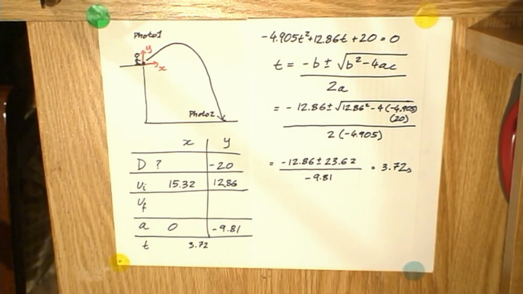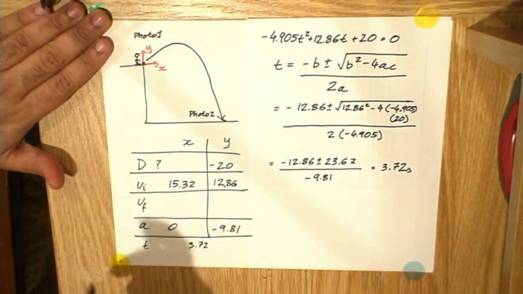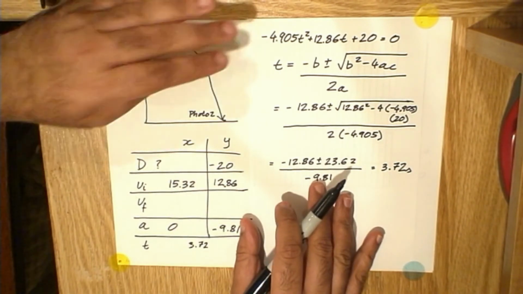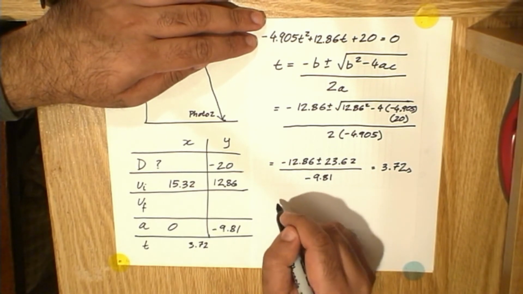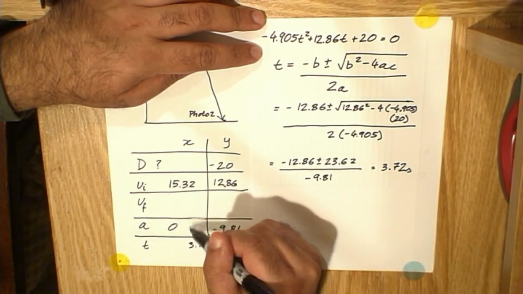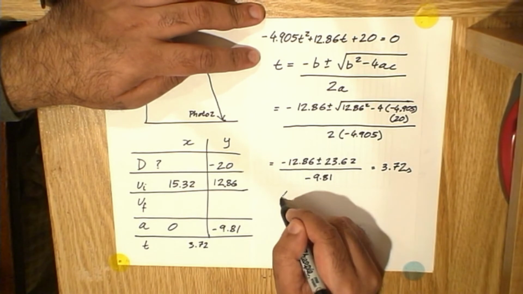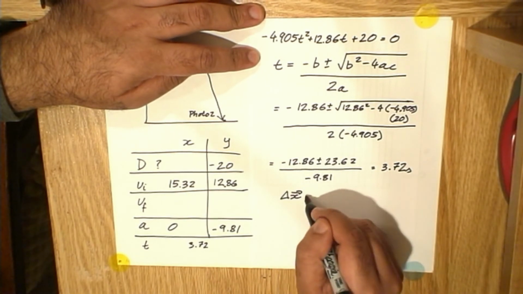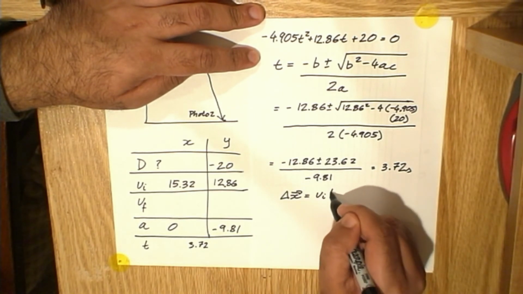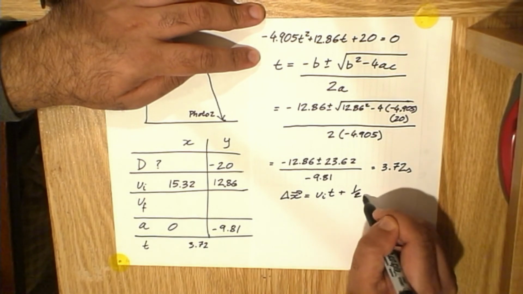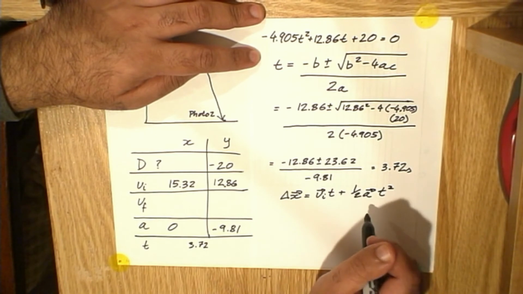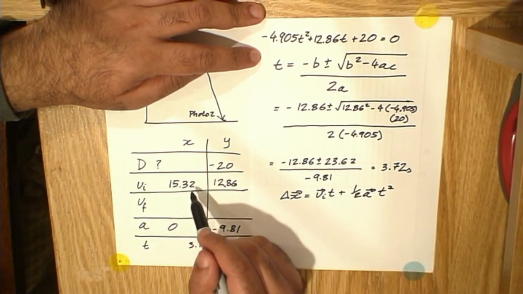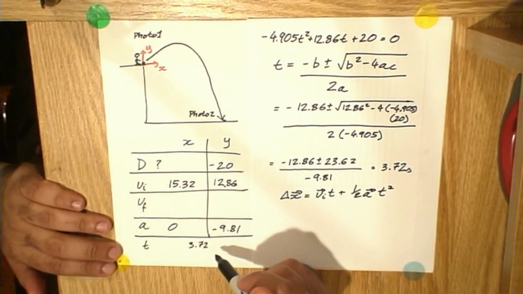Now, suppose we were to find out what the range of the golf ball is going to be. That is looking for its displacement in x. So the way that we would solve that is again using the same equation. That is delta x is equal to v initial times t plus 1/2 a t squared. That's the only one of the toolbox equations that weaves together displacement, initial velocity, acceleration, and time.